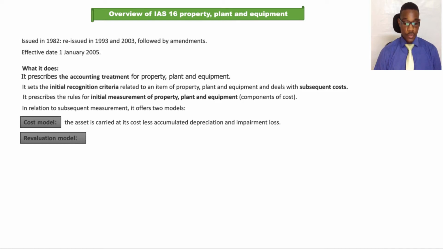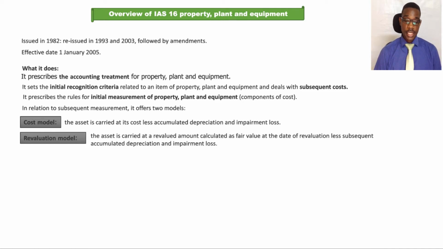On the other hand, we have the revaluation model. In the revaluation model, the asset is carried at the revalued amount, calculated as fair value at the date of revaluation less subsequent accumulated depreciation and impairment loss. And this model is mainly used for land and buildings.